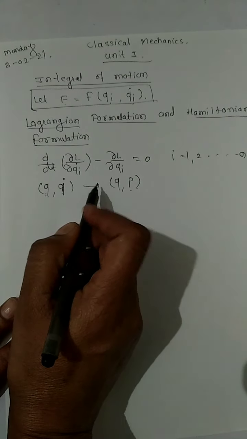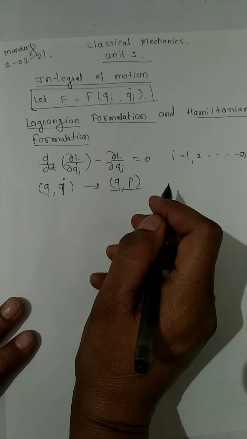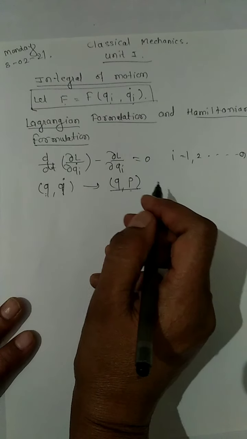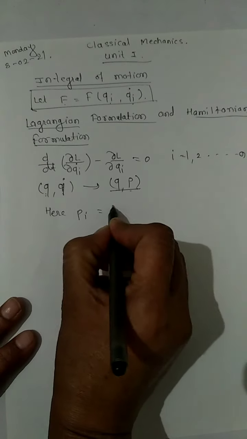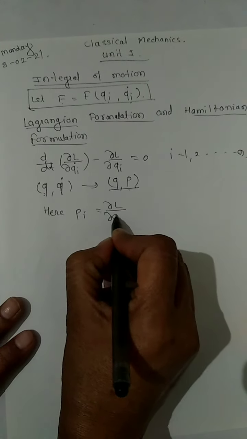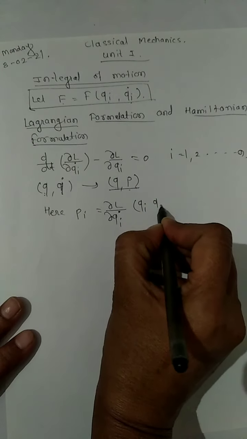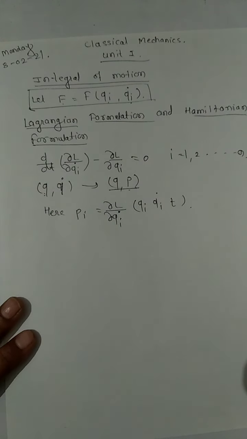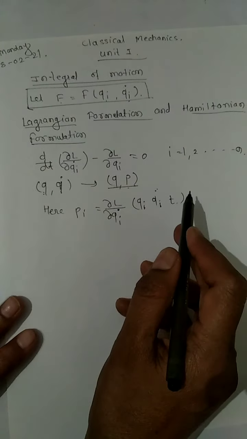The quantities q and p are known as canonical variables or coordinates. Here pi is equal to del L upon del qi dot, and it is the generalized momentum or conjugate momentum. This pi is a function of qi, qi dot and t.